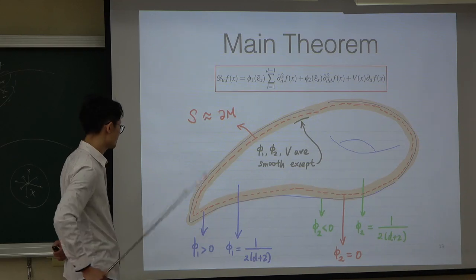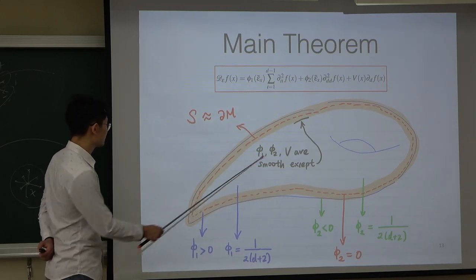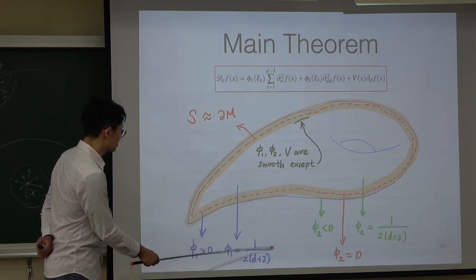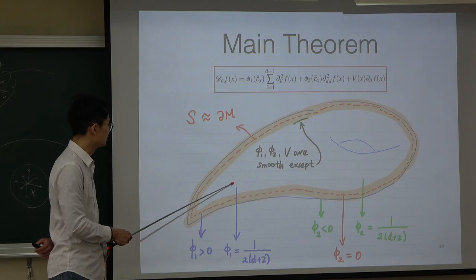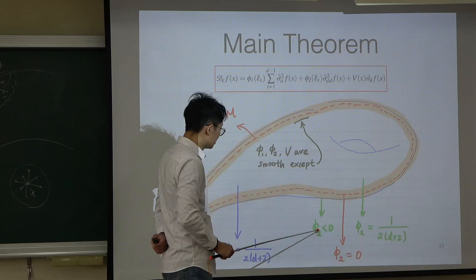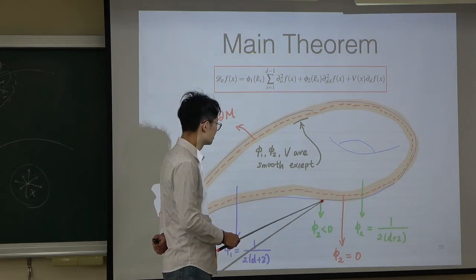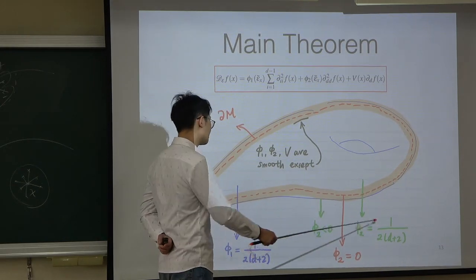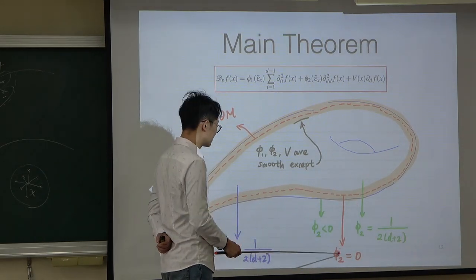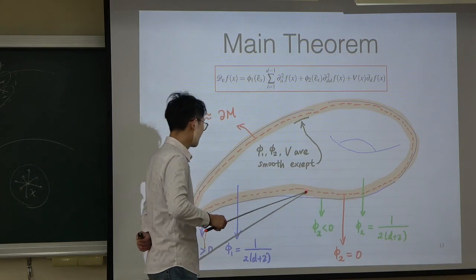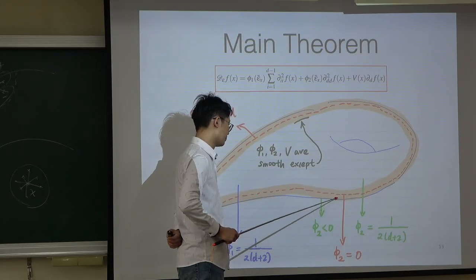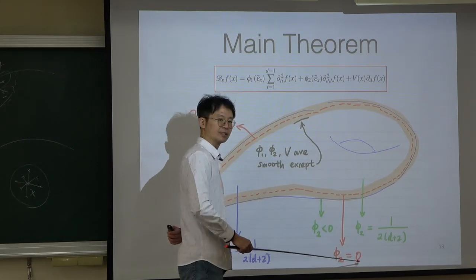This is how the picture looks. You have phi 1, which is always positive, and it is constant in the interior, far away from the boundary. But phi 2 will be negative on the boundary, and positive, one half times d plus 2, away from the boundary, and then there will exist a (d minus 1)-dimensional subset on which phi 2 is 0.